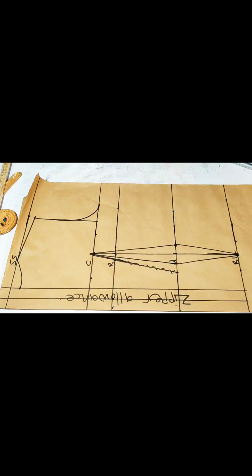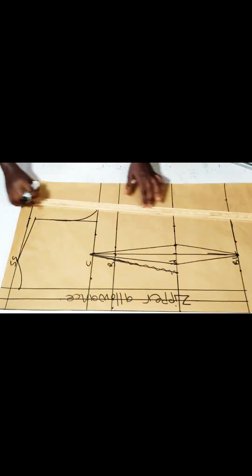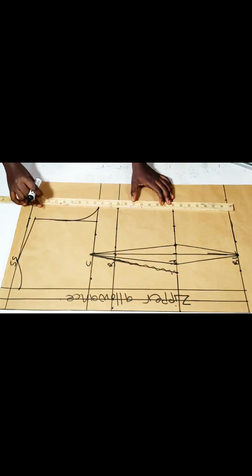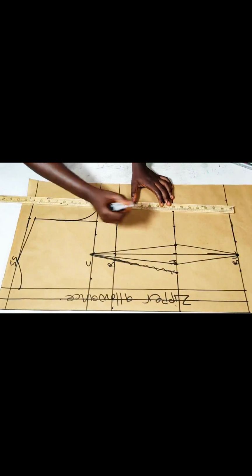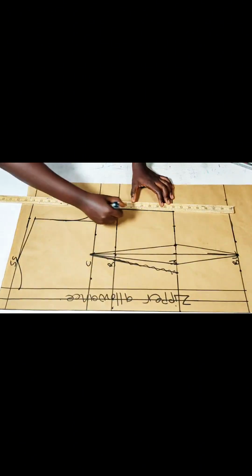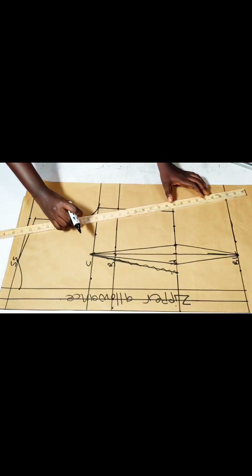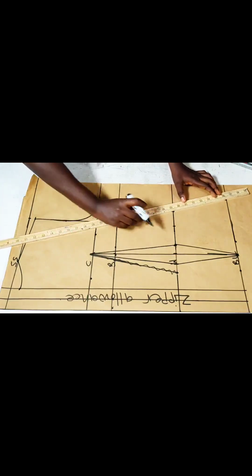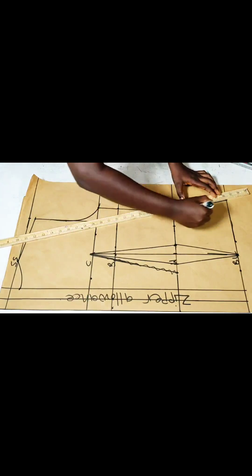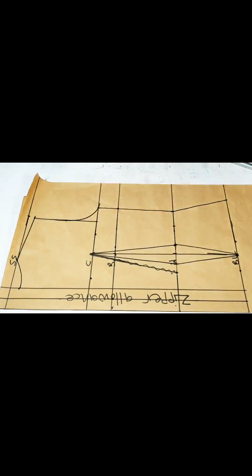Now because of the darts, you add extra 2 inches to your waistline. Then you connect the points together. Now connect from your waist to the blouse length line. So now that is that.